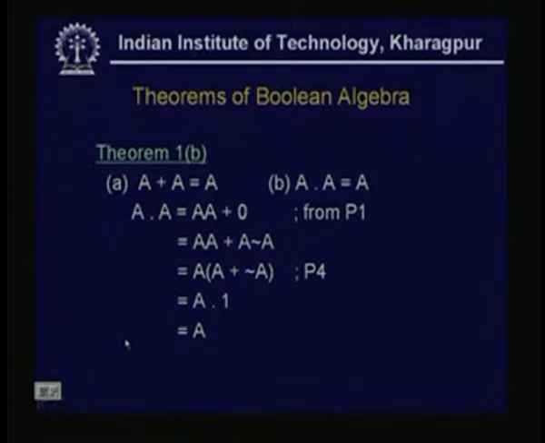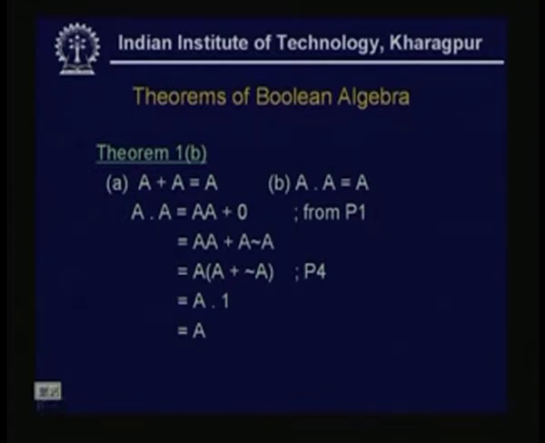Now, if the plus is replaced by dot, A dot A. So, A dot A is A dot A plus 0, this 0 we have defined as additive identity, so from postulate 1 we have added 0. Now, this 0 we can define as A dot negation A, just now we have used from postulate 2.